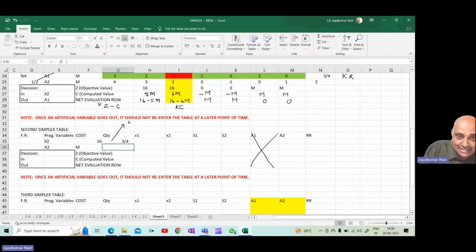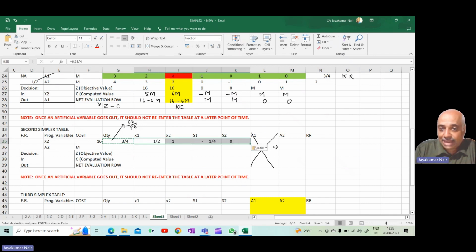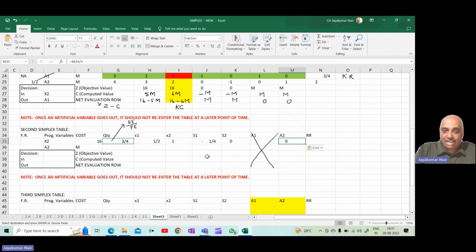It is the existing element divided by the pivot element. Similarly, I'll calculate for the others. You need not calculate for A1 because A1 is an artificial variable. Once it leaves the table, it should not re-enter. So this is over.